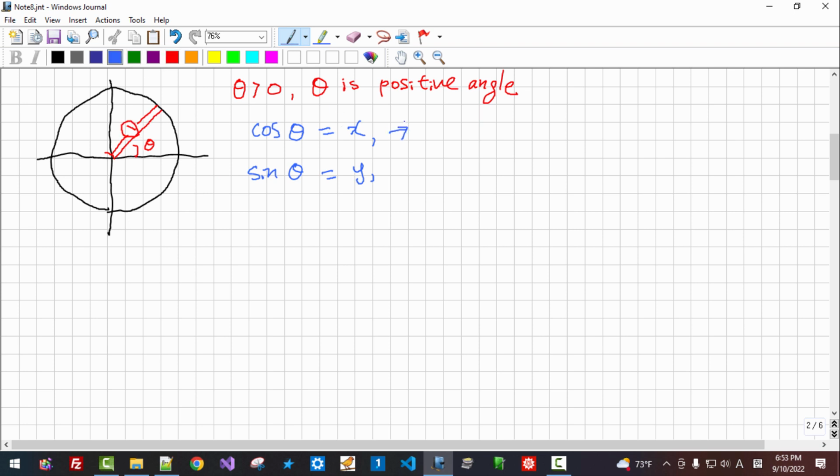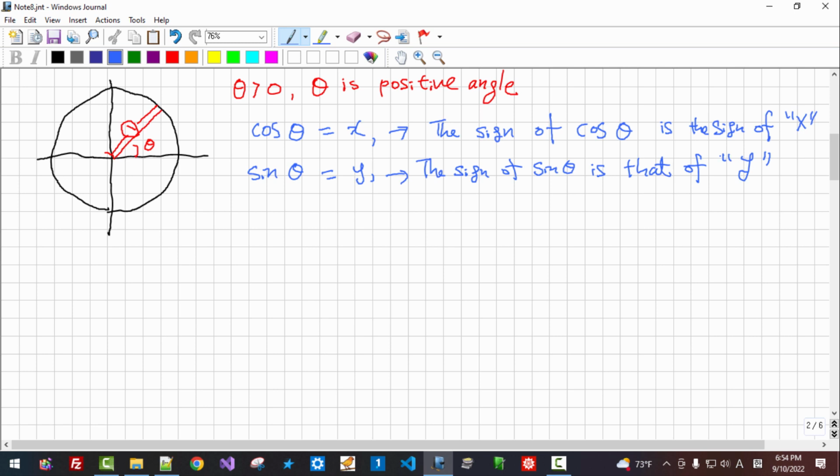From this, the sign of cosine theta is the sign of x. The sign of sine theta is that of y.